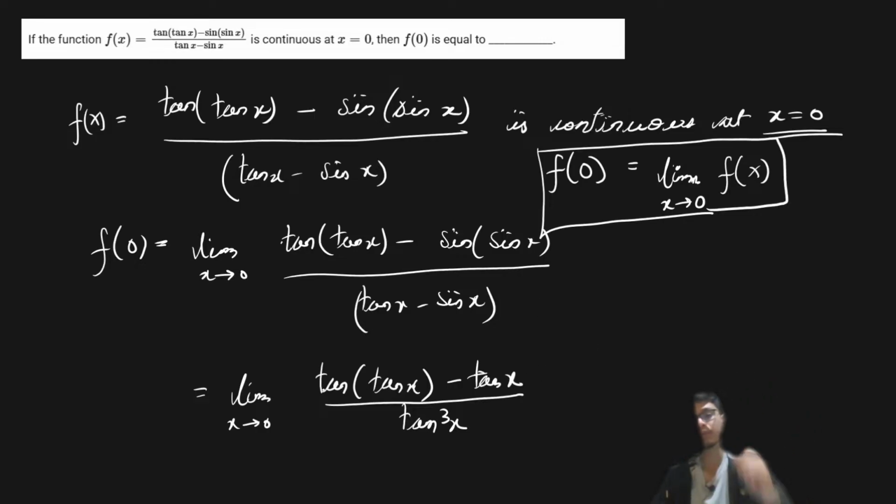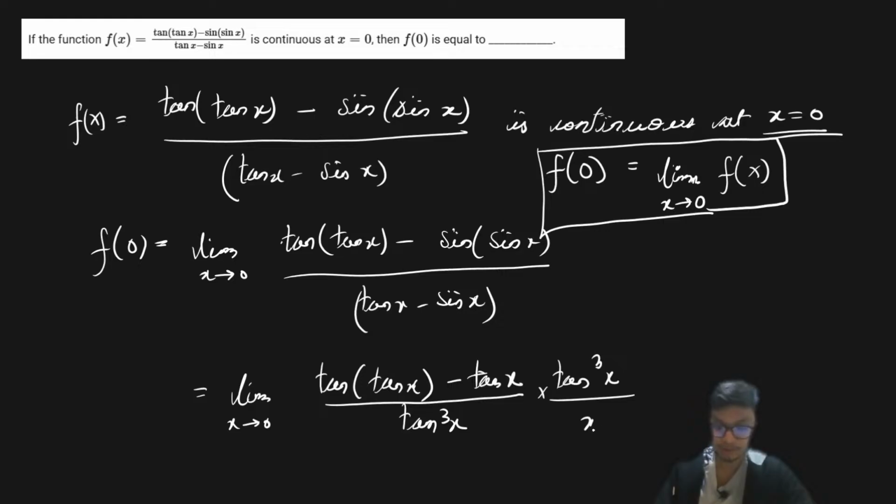So I am writing tan of tan x minus tan x divided by tan cube x, and then you just multiply with tan cube x upon x cube.